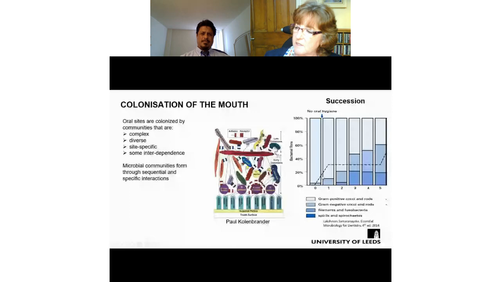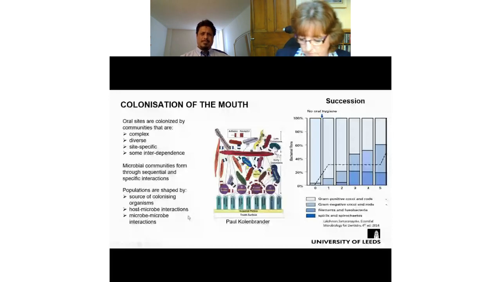And once that starts, you get a series of successions. So each set of organisms change the conditions, allowing succession to another population, until eventually you have a more diverse community, which has the gram-positive rods and cocci, but also gram-negatives and anaerobes.